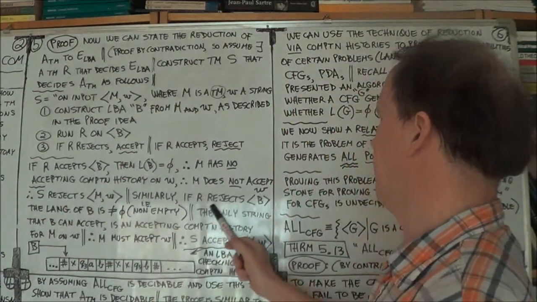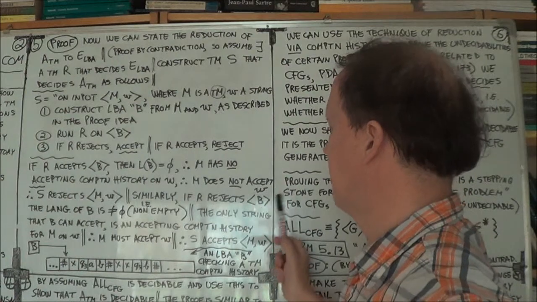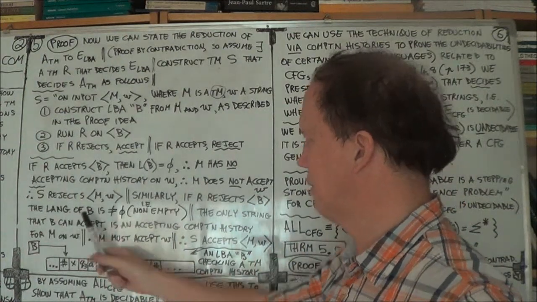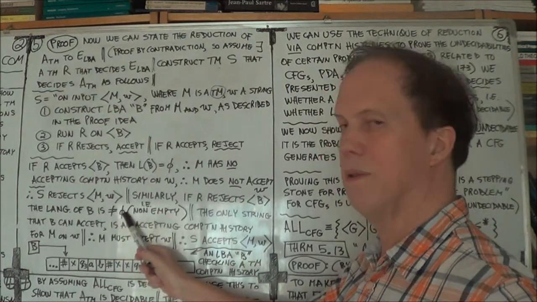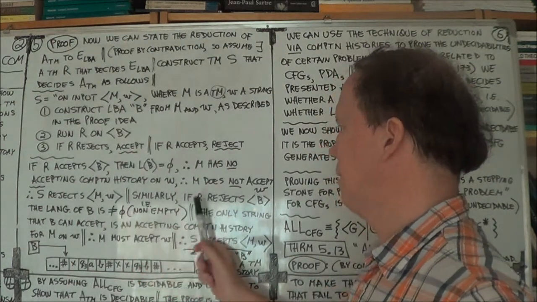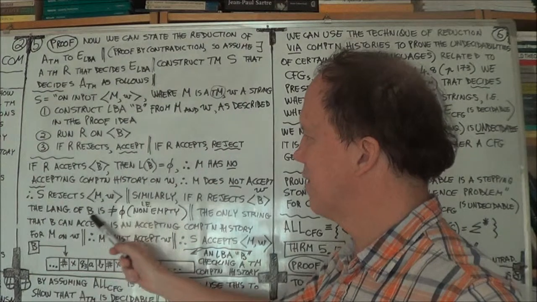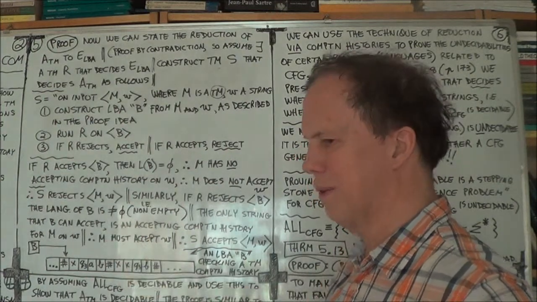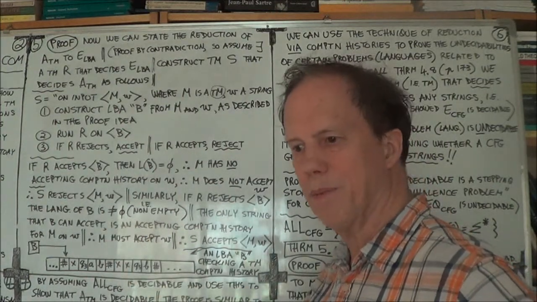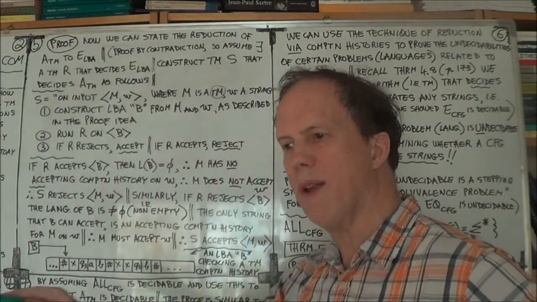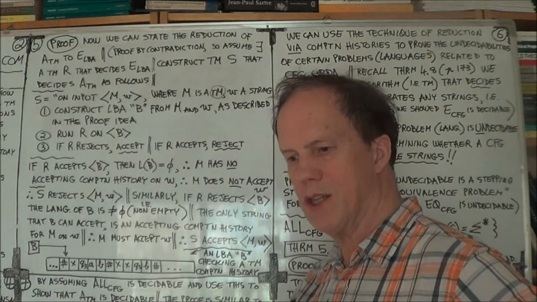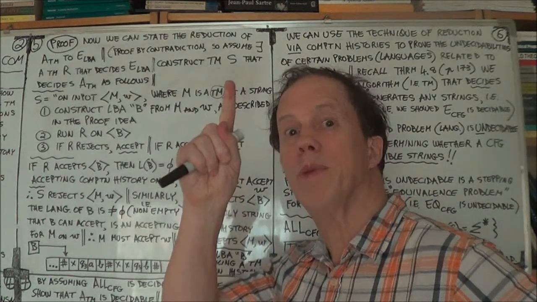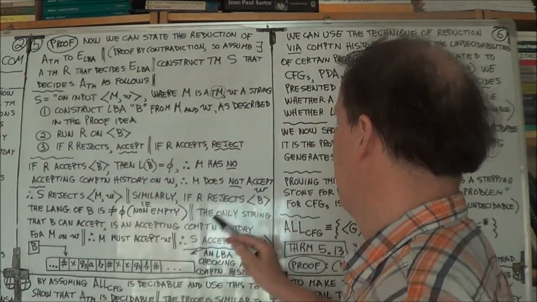Now, if R rejects that, what does that mean? Well, that means that B's language is non-empty. It's not the empty set. Now that means there's only one string that B can accept, because of the way we set it up. There's at most one accepting computation history for a deterministic Turing machine.